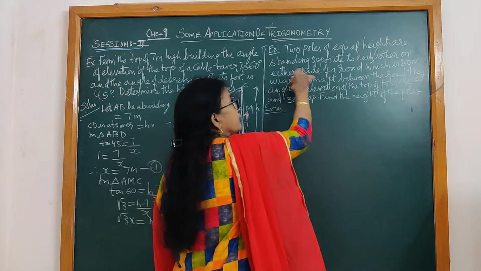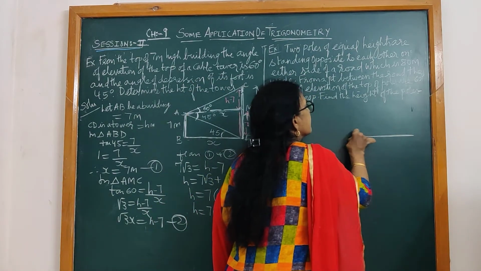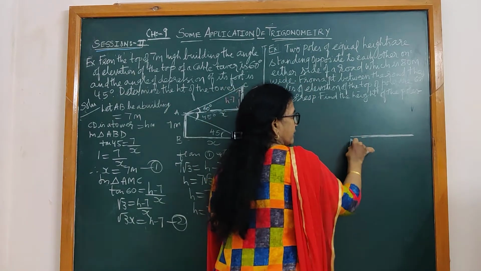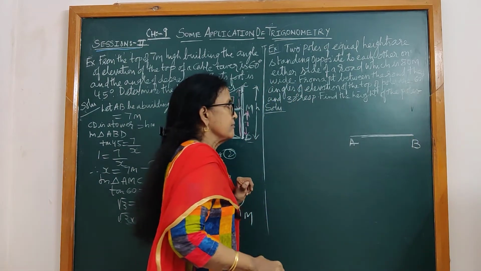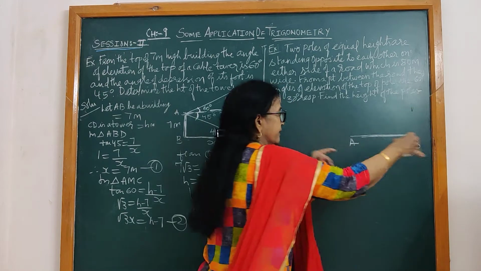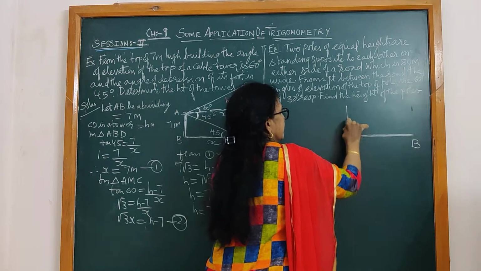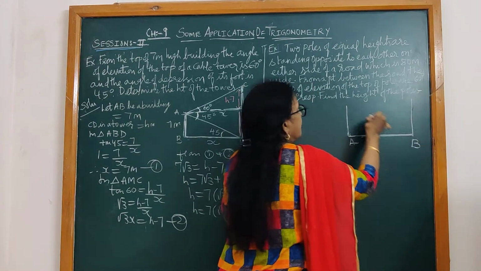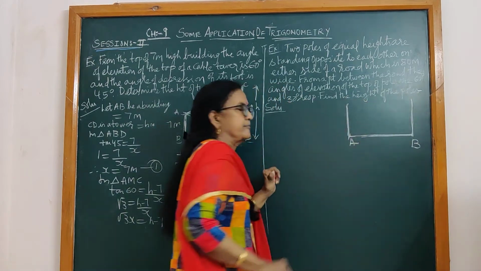So, first of all, this is a road. I have drawn this as the road, AB is the road. Two poles are there, this way the road is going. One pole is here, this is one pole and this is the other pole. Both the poles have the same height.